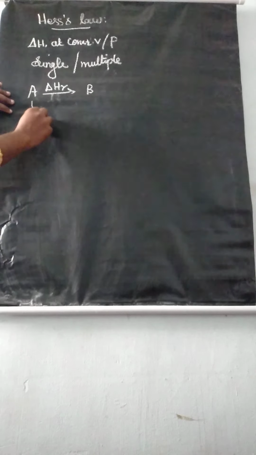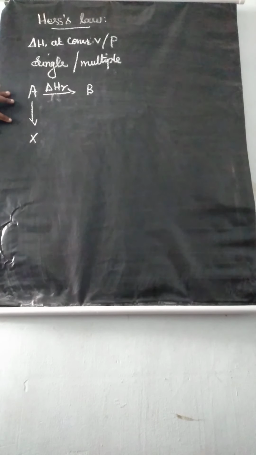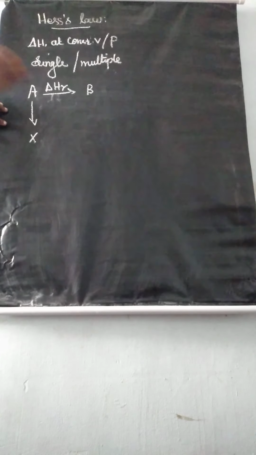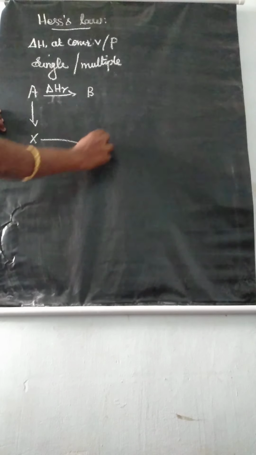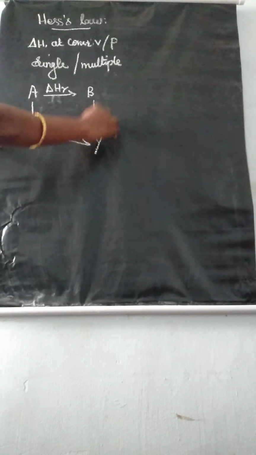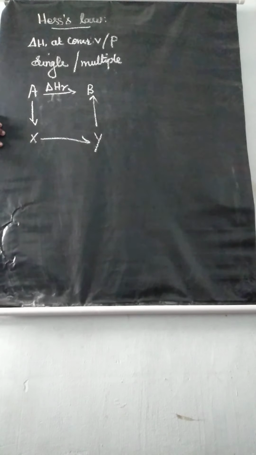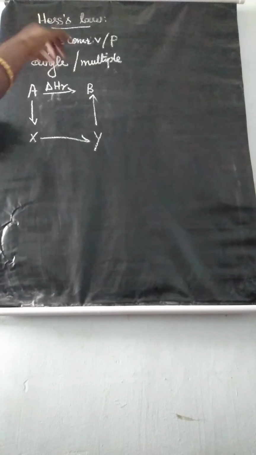First A gives one product X. Next this X reacts to form Y. Now this Y reacts to form B.